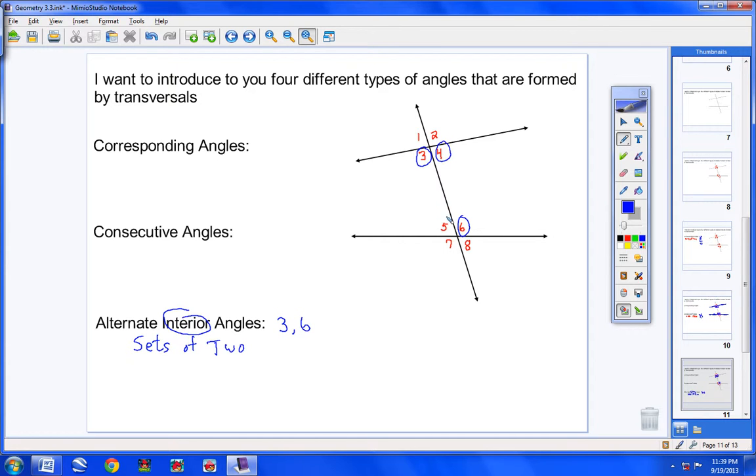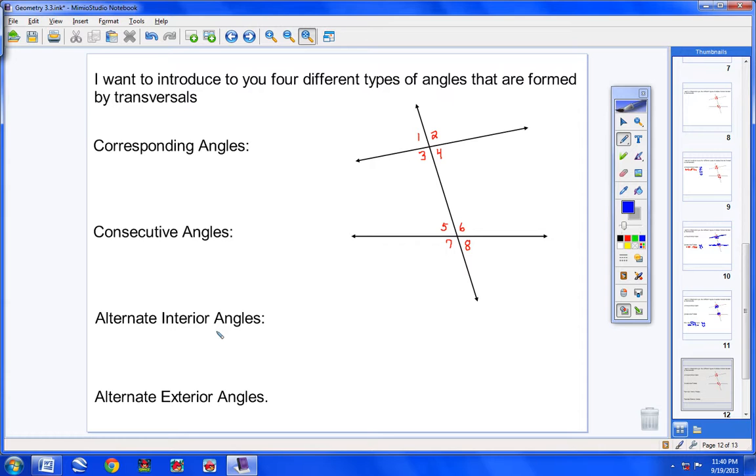Angles 4 and 5 are alternate interior angles. And I'm not going to turn this whole thing for you again. However, no matter what direction this thing was turned, you need to be able to recognize they're on the inside. And notice how the 4 and the 5 are on opposite sides of the transversal, and 3 and 6 are on the opposite side of the transversal. We call these angles alternate interior angles.